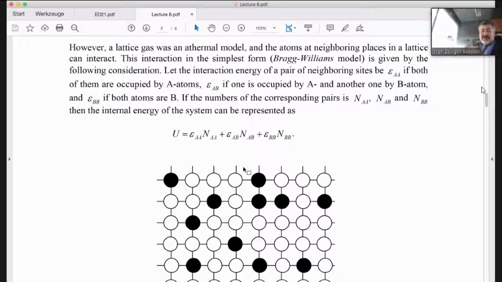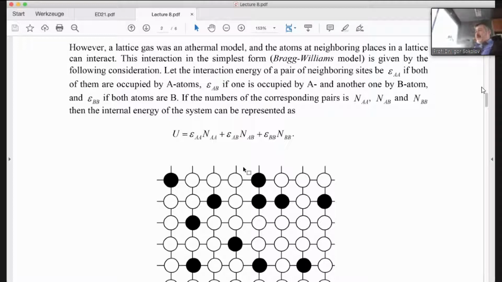So to say, it's either impossible or possible, and then the energetic contribution is zero. Now the atoms interact. The real atoms interact, and the real atoms can either attract each other or they can repel each other. And for example, in a metal lattice, on the average, they attract each other because, you know, a piece of metal somehow keeps together, is kept together, of course, by the attractive forces between different atoms.